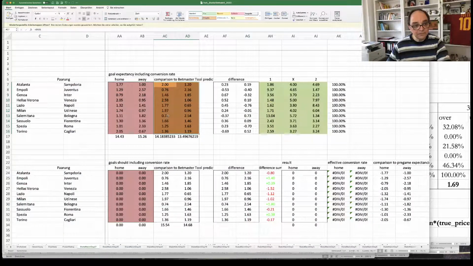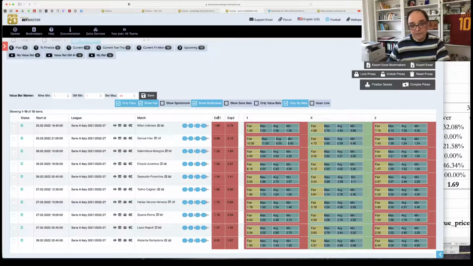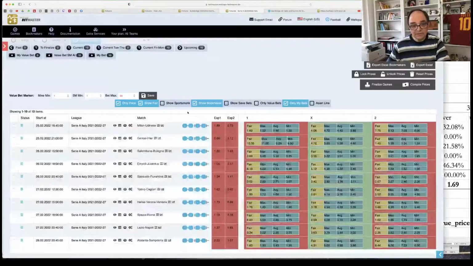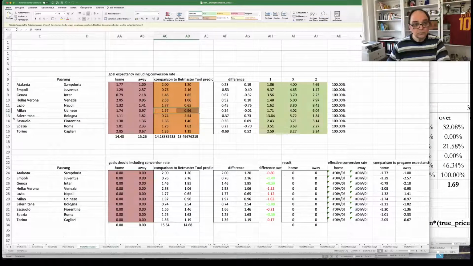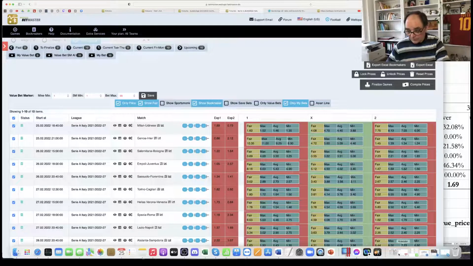Let's check out here, for example, the Milan Udinese 1.89, 0.73. What have I just said? Should be actual. Well, I can export this once again.